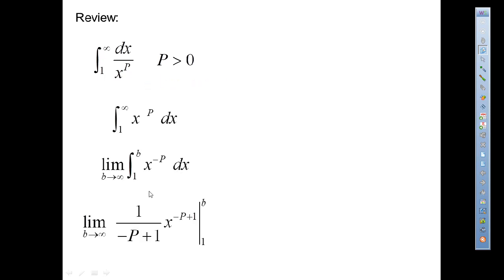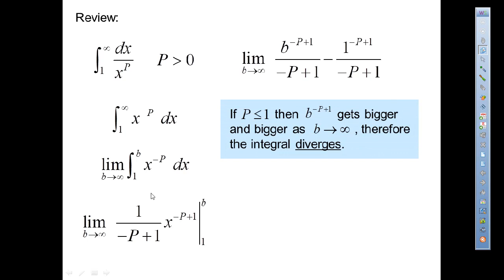Alright, so first things first, we looked at an example of this in the last video, and we found that this is going to converge for all values of p that are greater than 1.